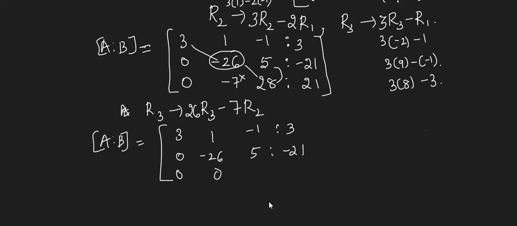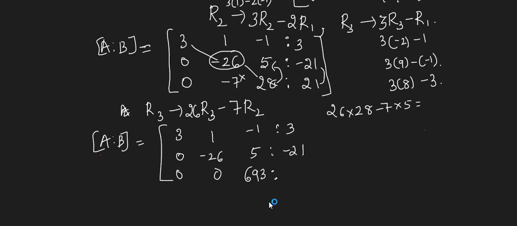So these two should be considered. This is like 26 into 28 minus 7 into 5. Do this calculation. It is a very big number. Tell. 693. Here also it should be 693.